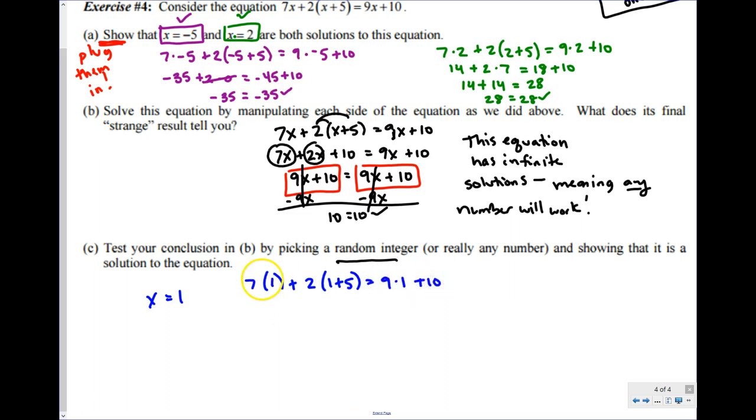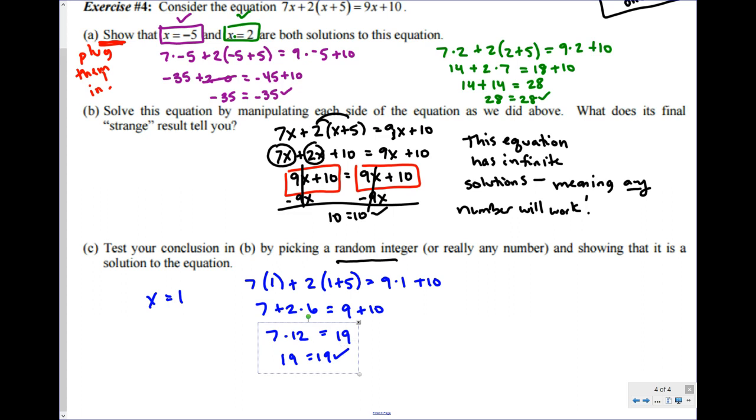Let me simplify. 7 times 1 is 7, plus 2 times 6, equals 9 times 1 is 9, plus 10. 7 plus 12 is 19, and 9 plus 10 is 19, and look at that, it worked too. So this equation has infinite solutions.